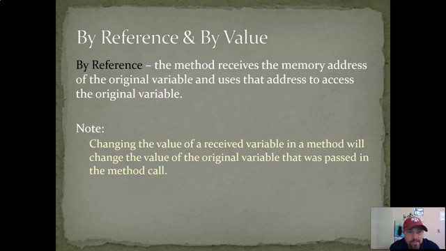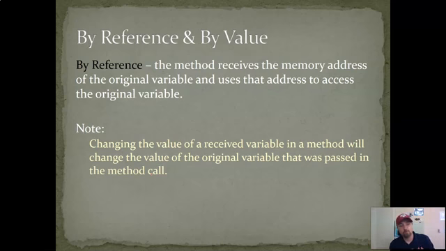By reference, the method receives a memory address of the original variable and uses that address to access the original variable. So here, you are sending where that data lives.